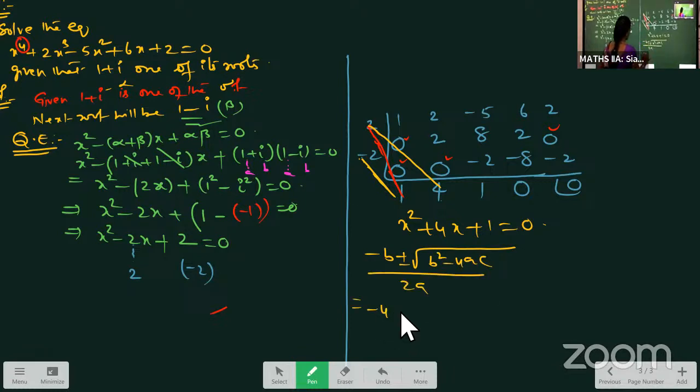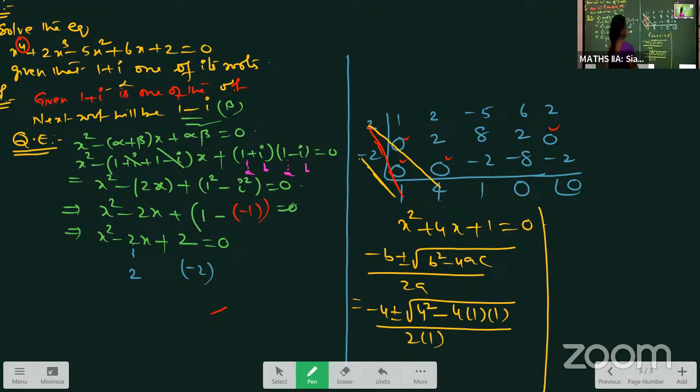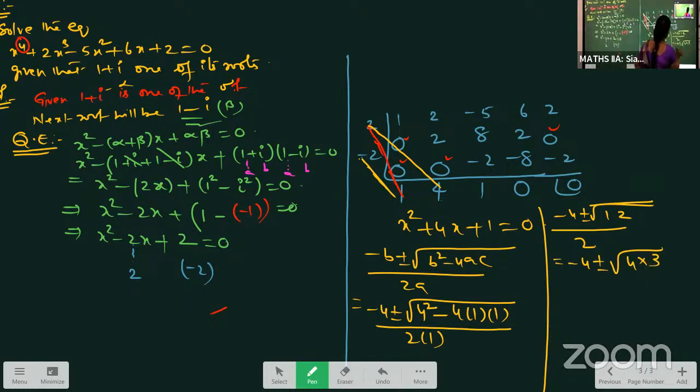Then that is minus 4 plus or minus under root 16 minus 4, that is 12, by 2 into 1. Then minus 4 plus or minus under root 4 into 3 by 2. Then that is minus 4 plus or minus 2 root 3 divided by 2. Cancel out here, cancel out here. We are getting minus 2 plus or minus root 3 as your answer.